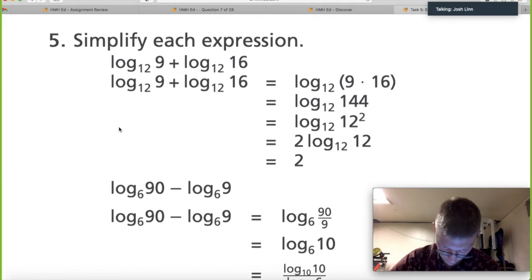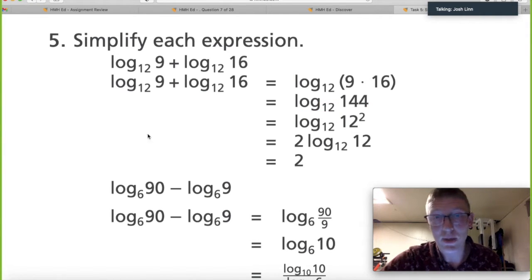Now we have log base 12 of 12, which is 1. So we get 2. Technically you could have plugged this into your calculator, but not all calculators can handle an odd or strange log base like that.